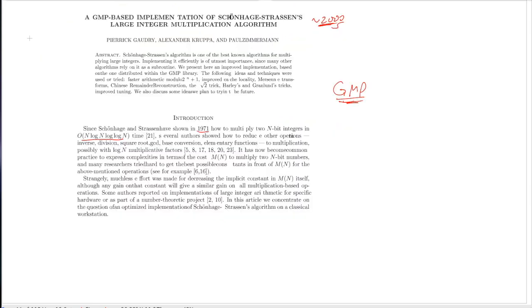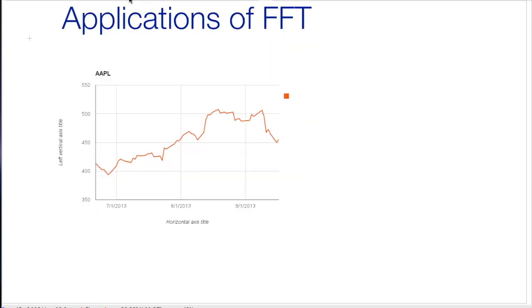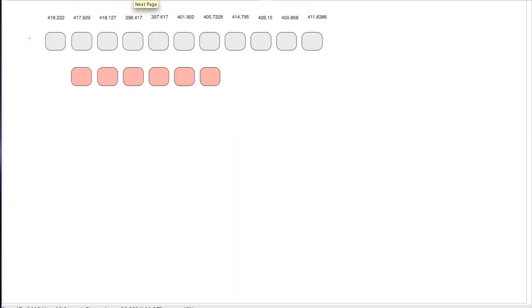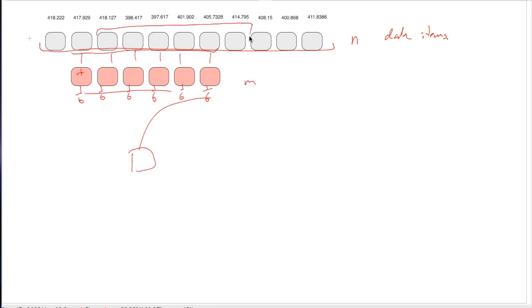Multiplication is one example. There's another practical example, which is convolution. So the example I talked about first, you have this kind of noisy signal, and you'd like to smooth it out by taking, for example, a running average of 5 days. That approach can be written in terms of a convolution. So you have this big long stream of n data items, and you'd like to, for example, take a running average of these 6. If you do this the brute force way, it takes order n times m, right?